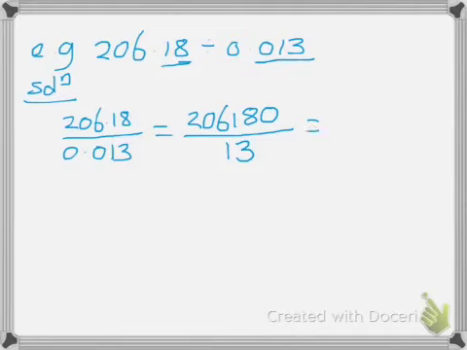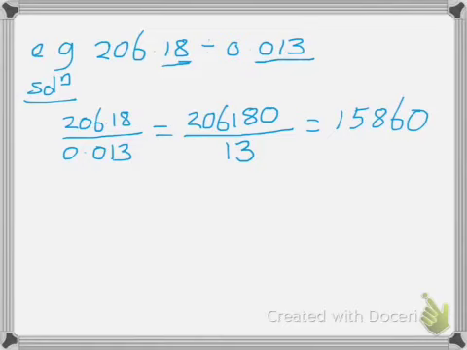Now this isn't the best example in the world, because if 206,180 isn't a multiple of 13, I've got a bit of a problem. It is, and it goes in 15,860 times.